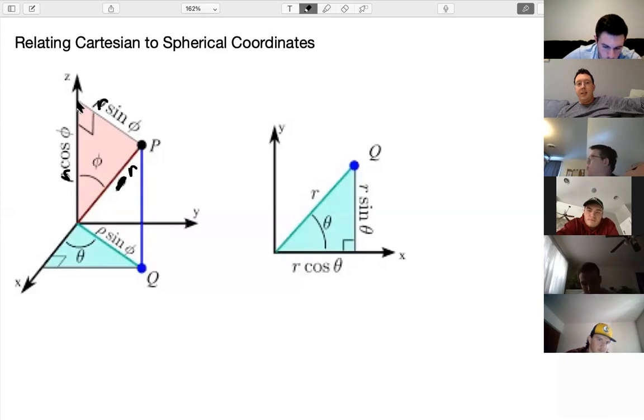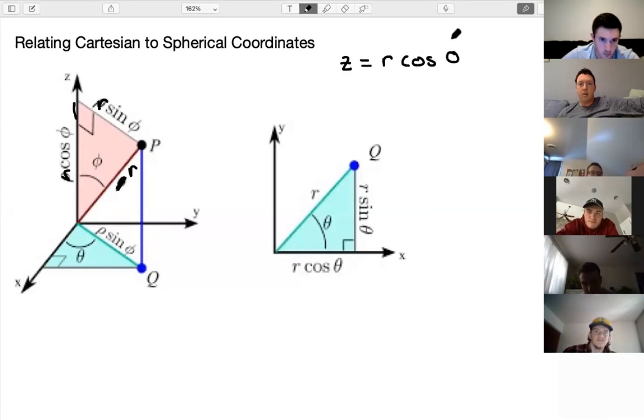I immediately see that z is this length right here. It's just the height of the point P along the z-axis. So I learned that z is going to equal r cosine phi, the azimuthal angle.